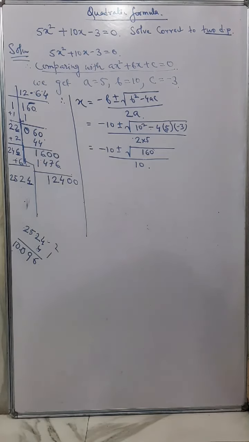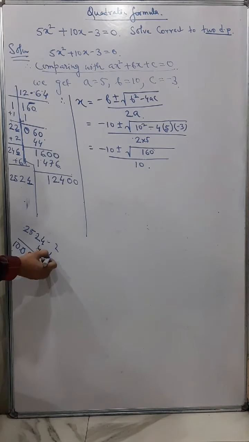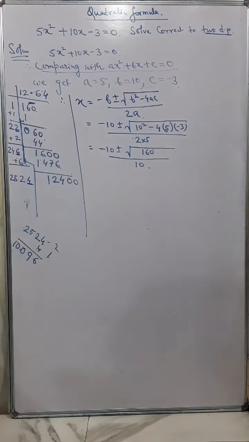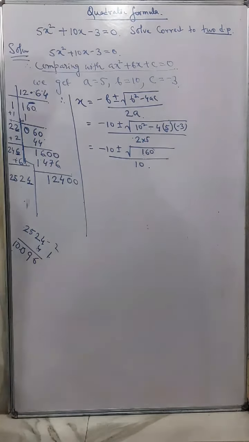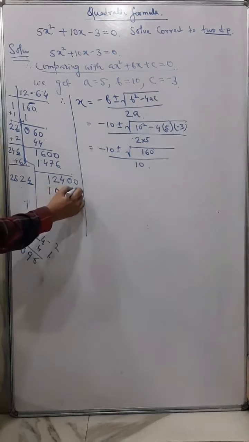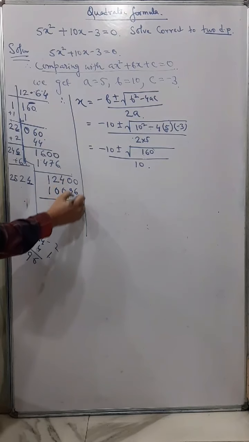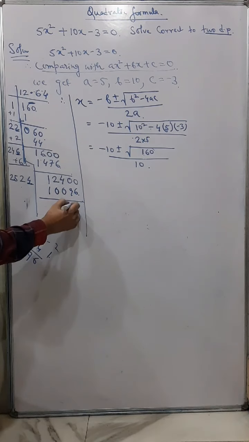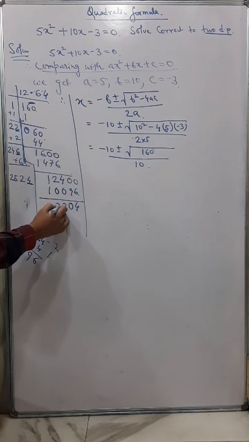Okay. So how much we got? 10096, and again you get 4, you get 0, again you get 3 and 2.